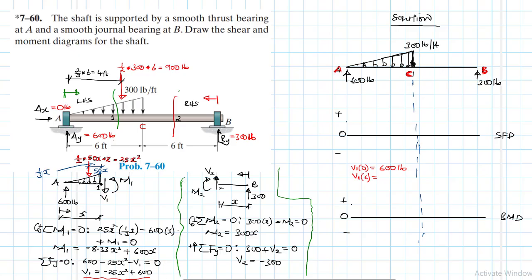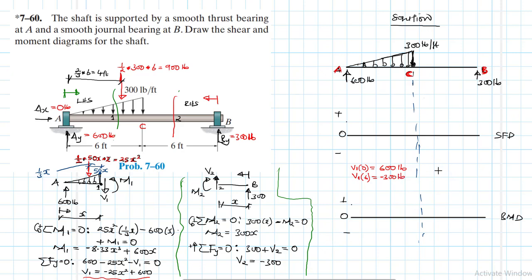Alright, let's plug it in there. That is V1, so it's minus 25 times 6 squared, plus 600. So we have a minus 300 pounds.